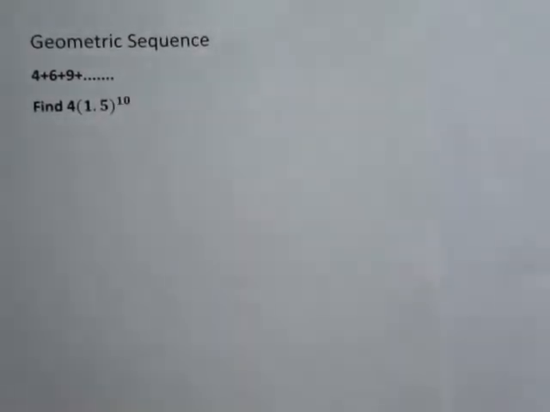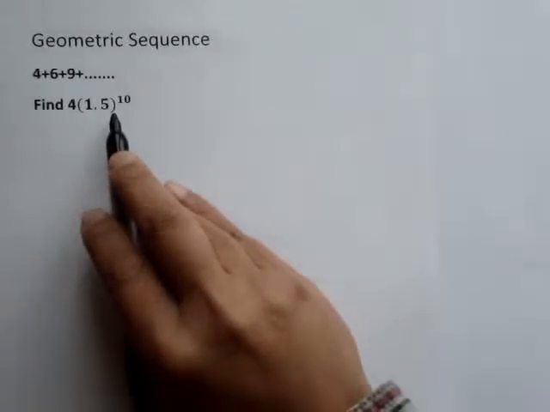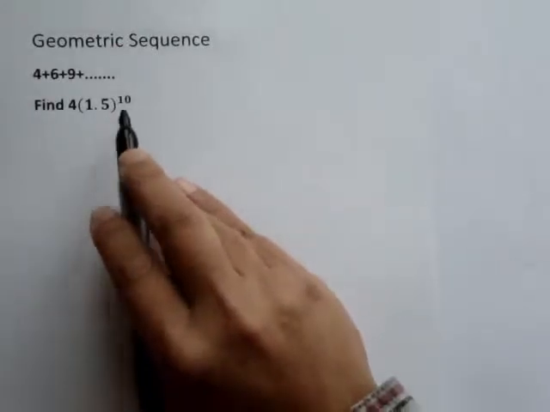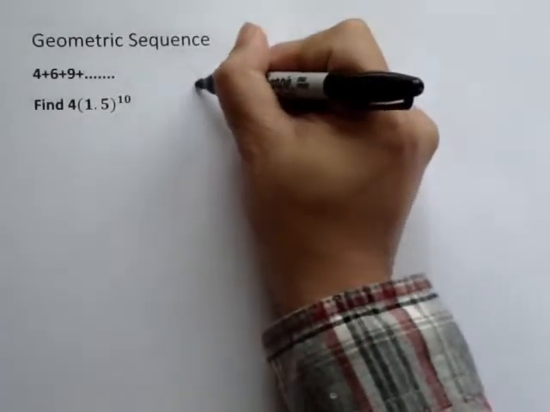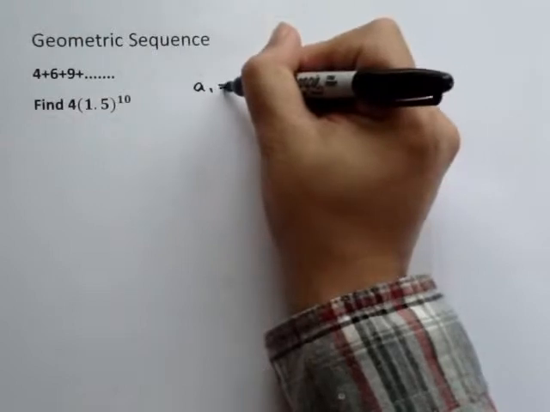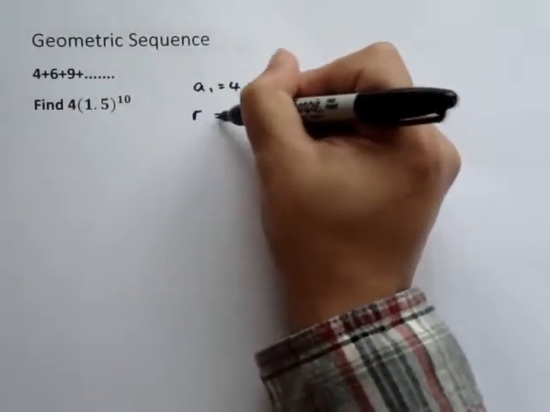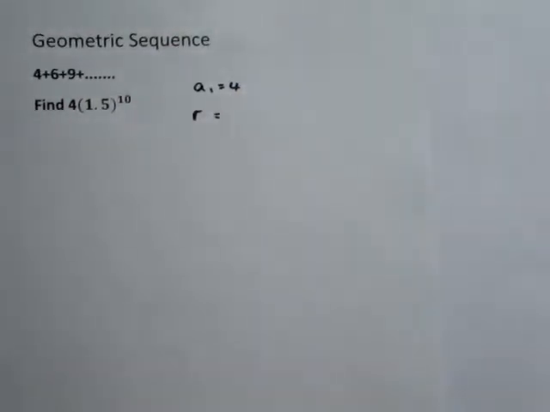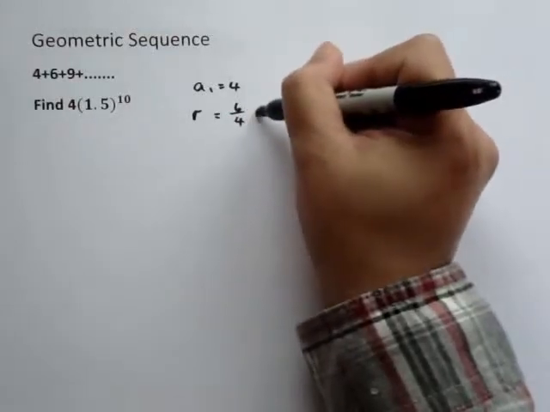I'm going to have a look at geometric sequences now. So we have to find the sum of this term to the 11th term. So a sub 1 is 4, which is the first term. r, which is the common ratio, is 6 divided by 4, which is 1.5.